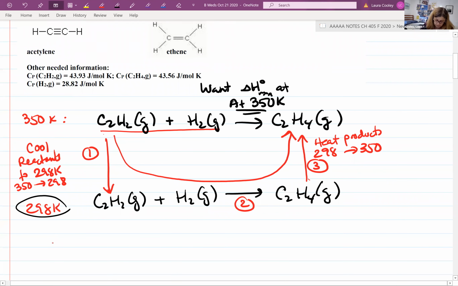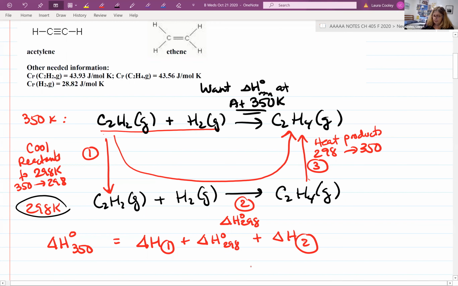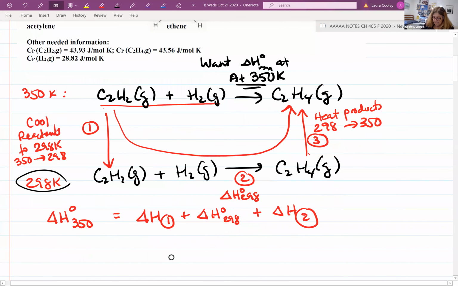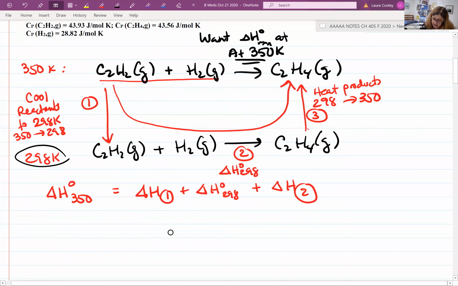Okay, so my delta H at 350 is going to be delta H1 plus delta H0 at 298 plus delta H2. Okay. So all I need to do is find, well, I'm given this, right? That's actually negative 175.0. So we already have that.